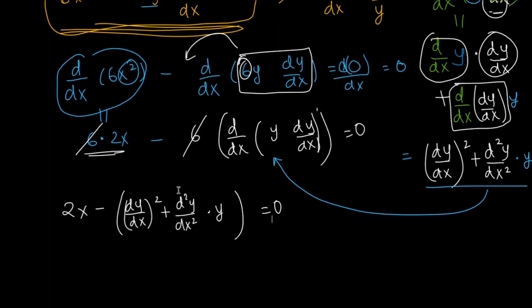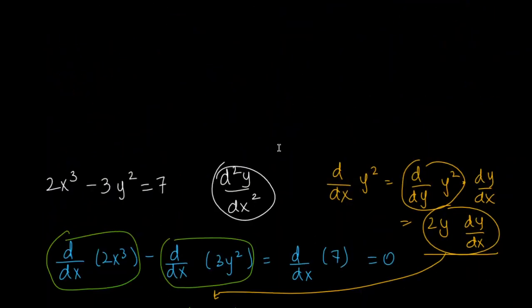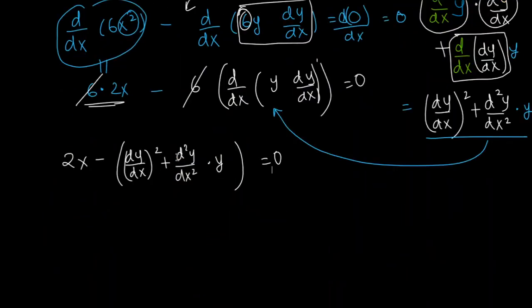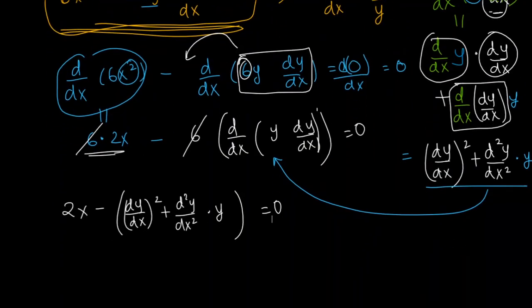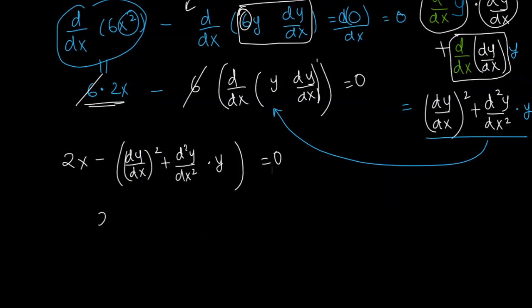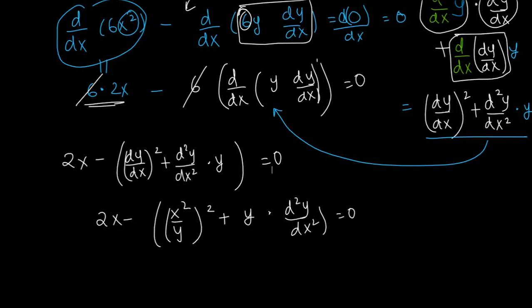Now here, when we needed to figure out d squared y over dx squared, there is this other thing, the first order derivative, but we already know about that. That's x squared over y. So 2x minus x squared over y squared plus y times d squared y over dx squared is equal to 0.